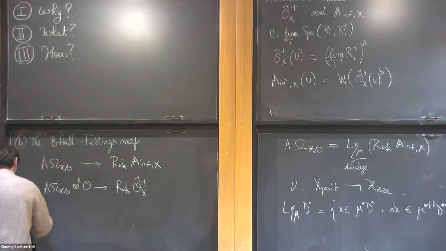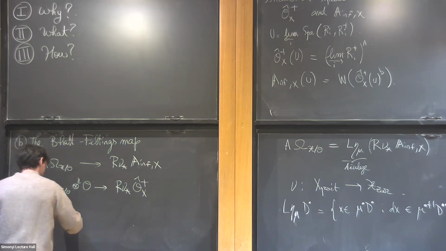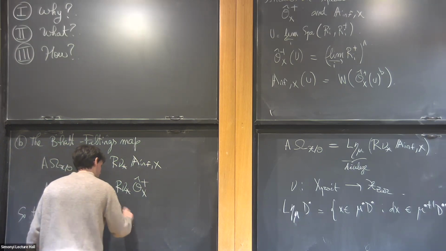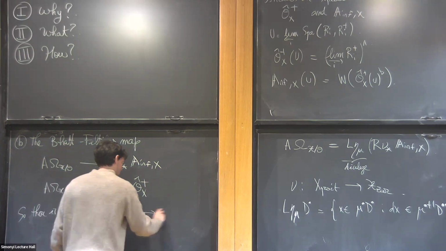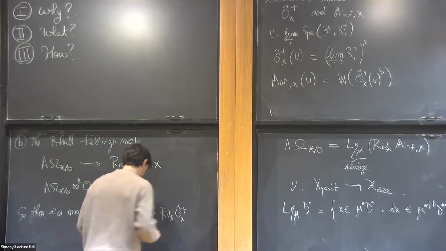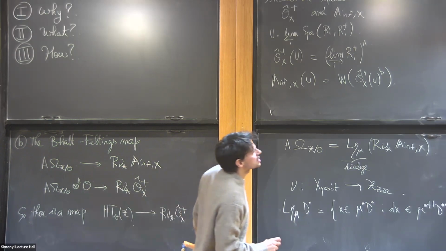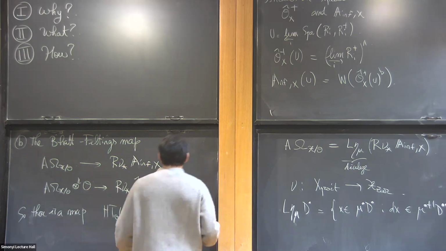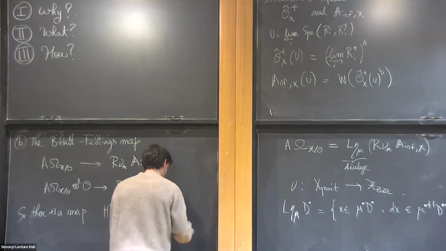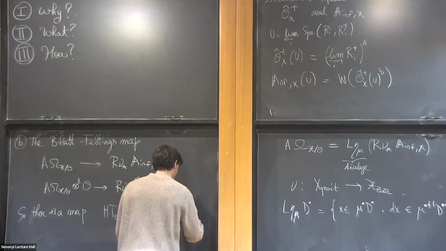So there is a map from Hodge state O of x to R nu star of x hat plus. So actually, you get global sections of R nu star of O x hat plus.